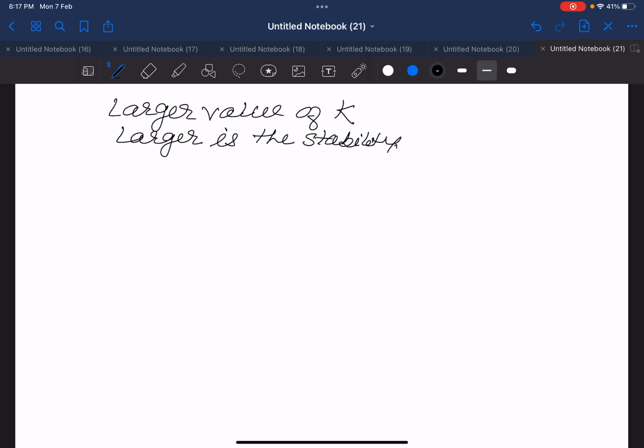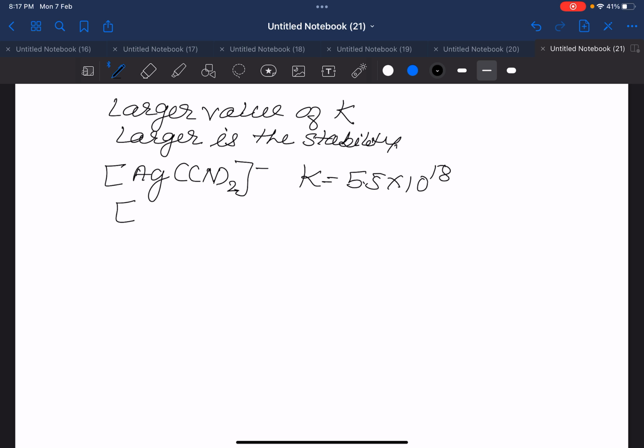Okay, the equilibria for the complex formation with corresponding K values are given. For the AgCN complex, K is equal to 5.5 into 10 raised to power 18. K is equal to 2 into 10 raised to power 27.